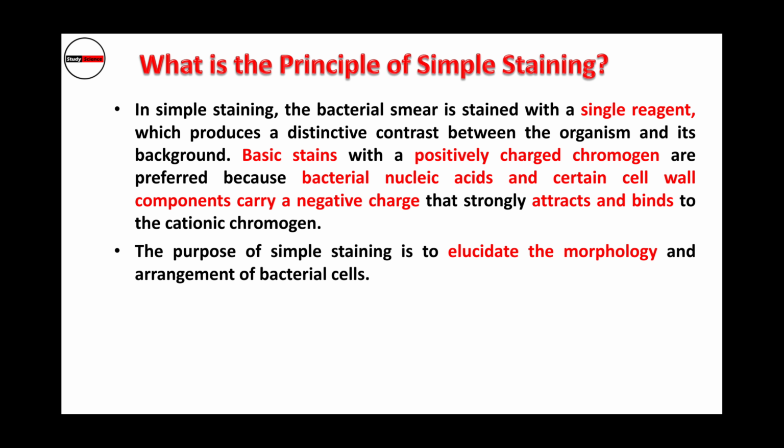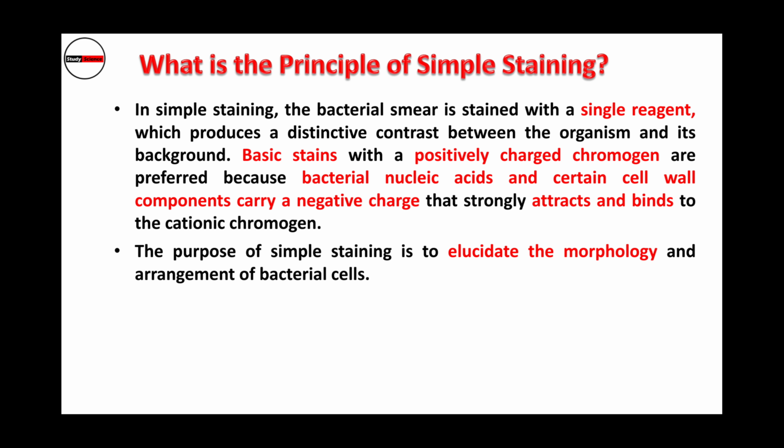In simple staining, we use basic dyes, for example crystal violet, methylene blue, carbol fuchsin, which contain a positive charge. And as we know, the bacterial cell wall carries a negative charge.